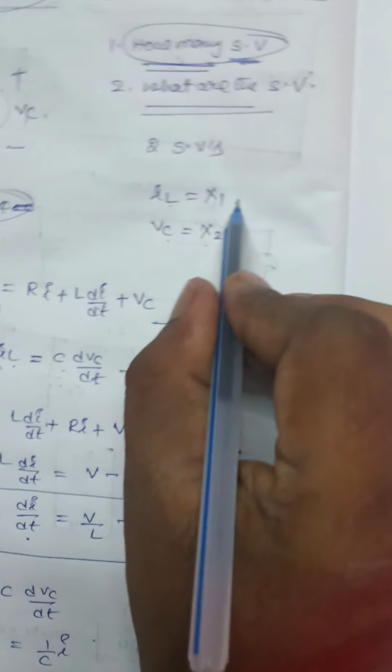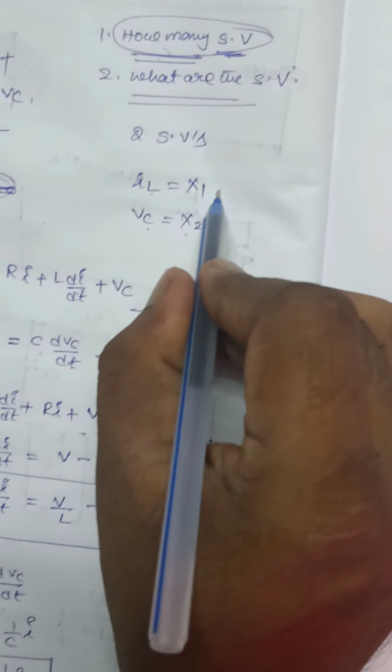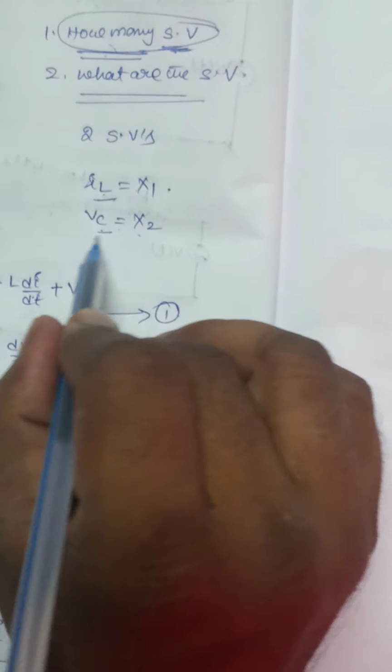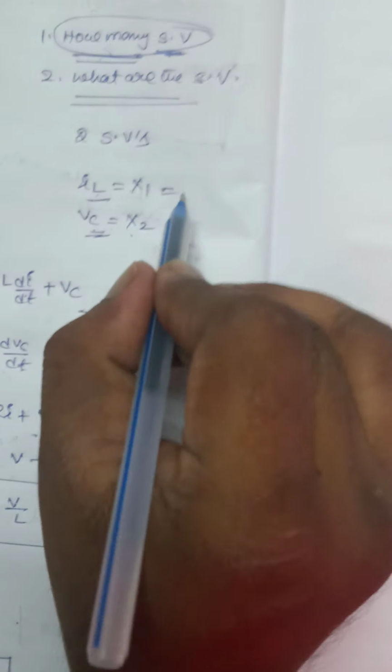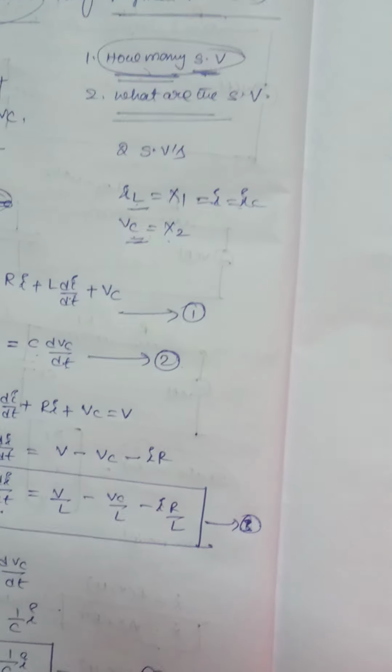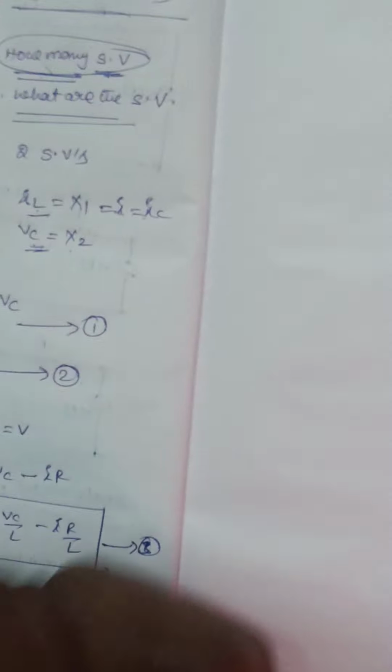Now we already assumed these state variables: the current through the inductor and the voltage across the capacitor. IL, or I, or IC, all are the same here, x1. Okay, replace with these variables here.